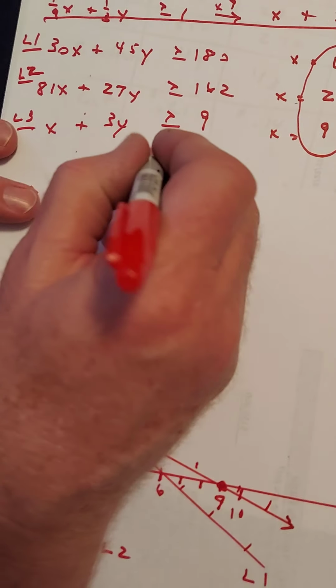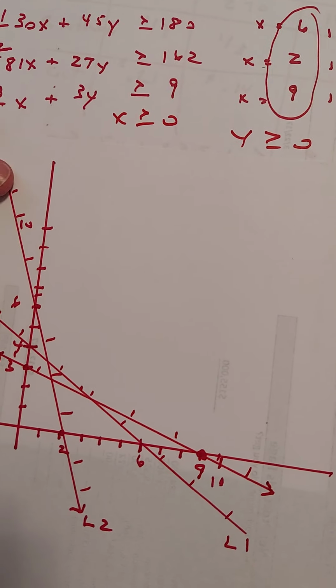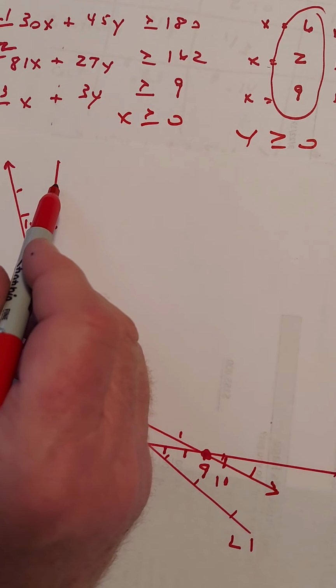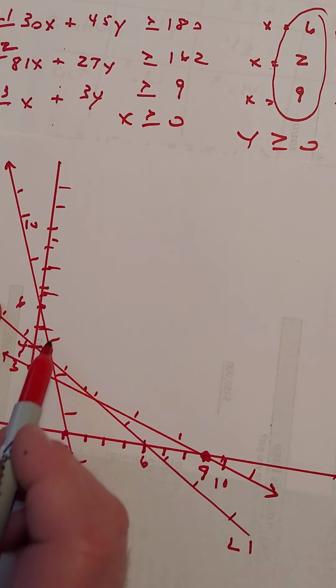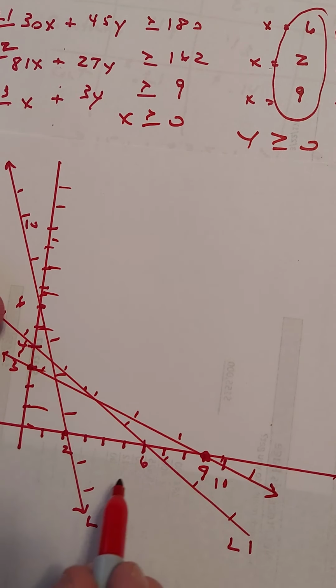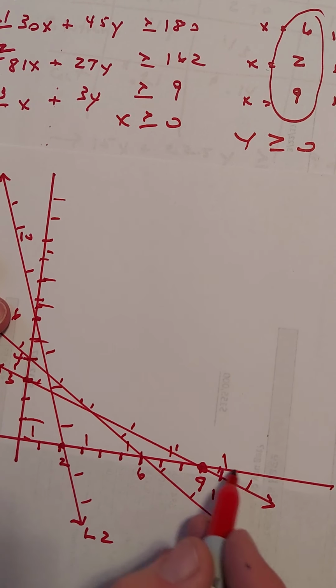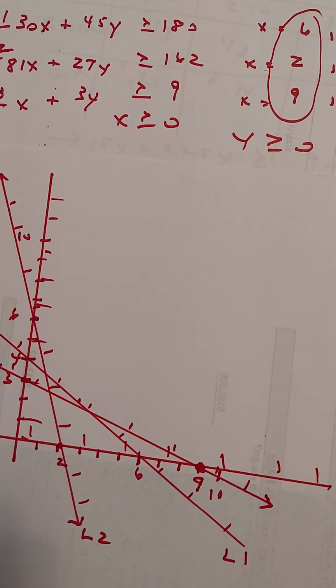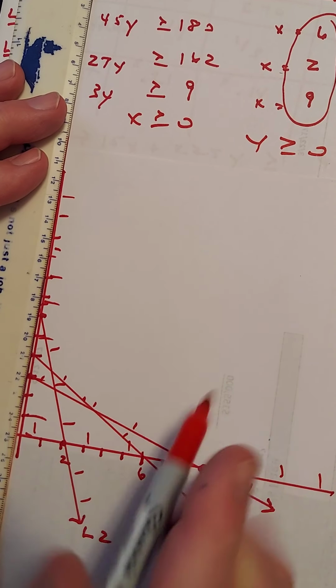Now remember, we got x greater than or equal to 0 and y greater than or equal to 0. Don't forget those. So if x is greater than or equal to 0, that would be everything to the right of the y-axis. And y greater than 0 would be everything above the x-axis. So my intersection would be all of this up here.